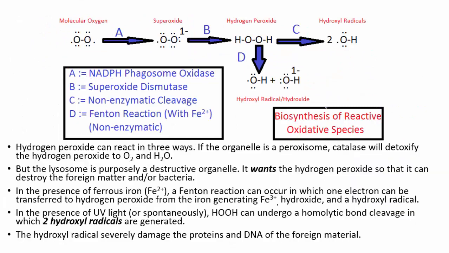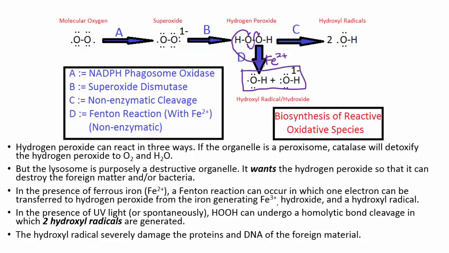So let me find the slide on that. Here we go. Hydrogen peroxide can react with free iron in the 2+ oxidation state. Iron is going to transfer one electron onto the hydrogen peroxide, and that's going to split this bond right here, and so you end up with a hydroxyl radical and a hydroxide.